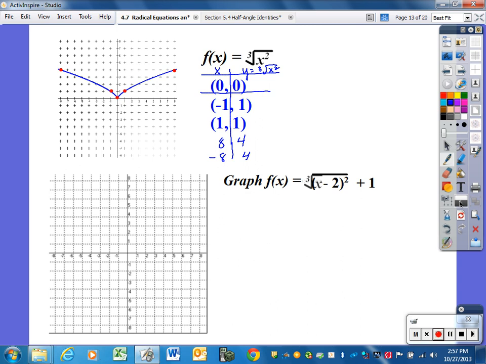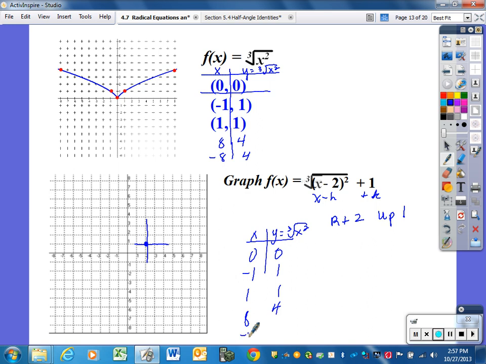So, does this match the parent function? x minus h plus k. And how will I move my origin? Right 2, up 1. So again, my origin was at 0, 0. Right 2, up 1. Your new parent function: 0, 0, negative 1, 1, 1, 1, 8, 4, negative 8, 4.